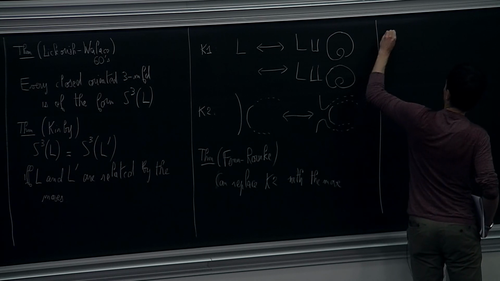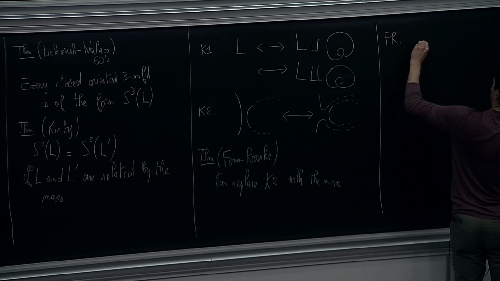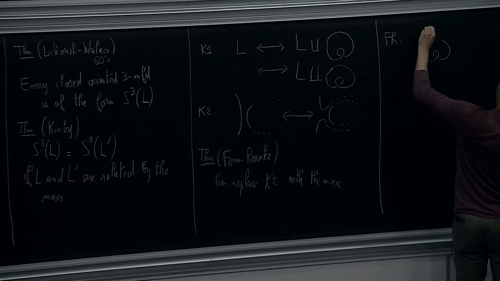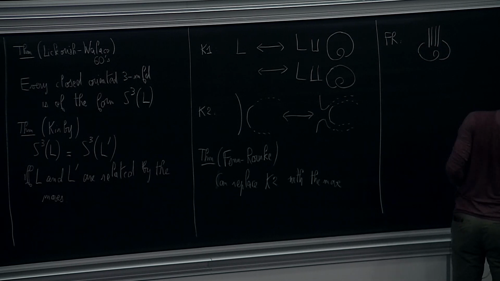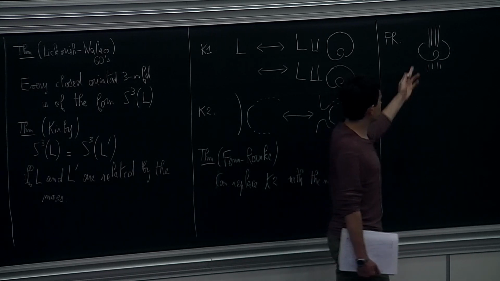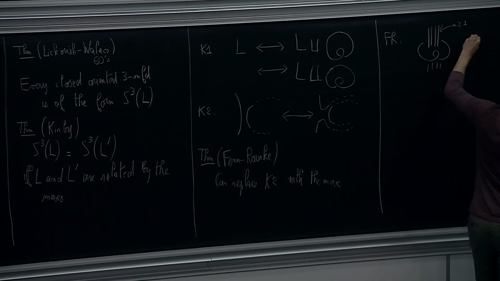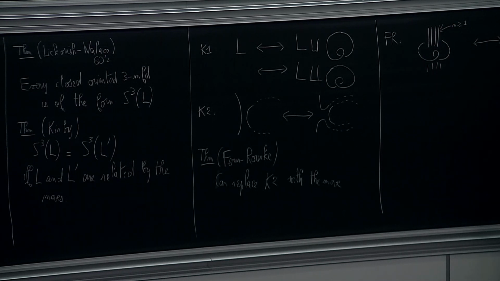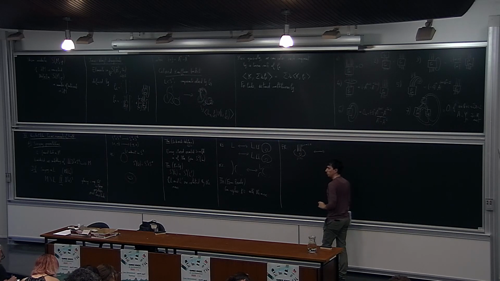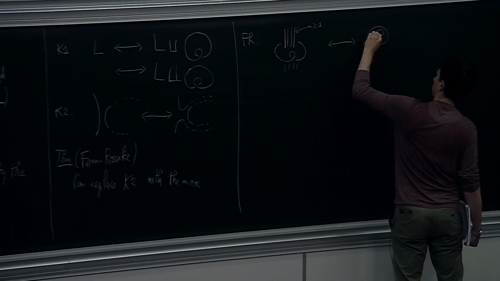So I have somewhere a minus one framed unknot that circles some number of strands. And this I can replace by, well, I will be able to erase this component, but at the price of doing a full twist on all of the strands.